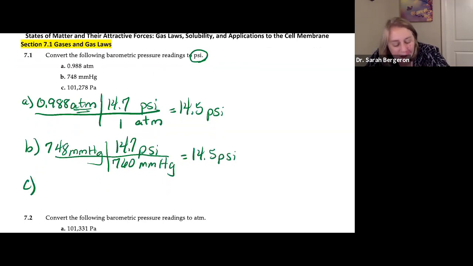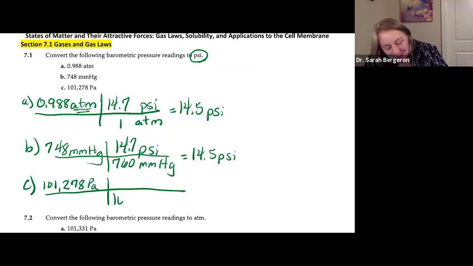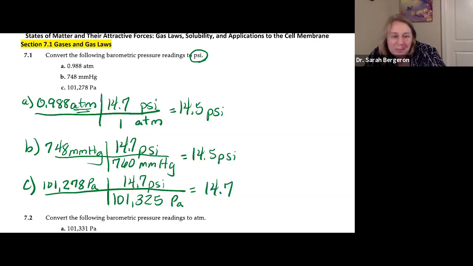All right. C, 101,325 pascals. Why do I keep getting that wrong? So we know we have 101,325. I did it again. I did the math wrong on that in the calculator.